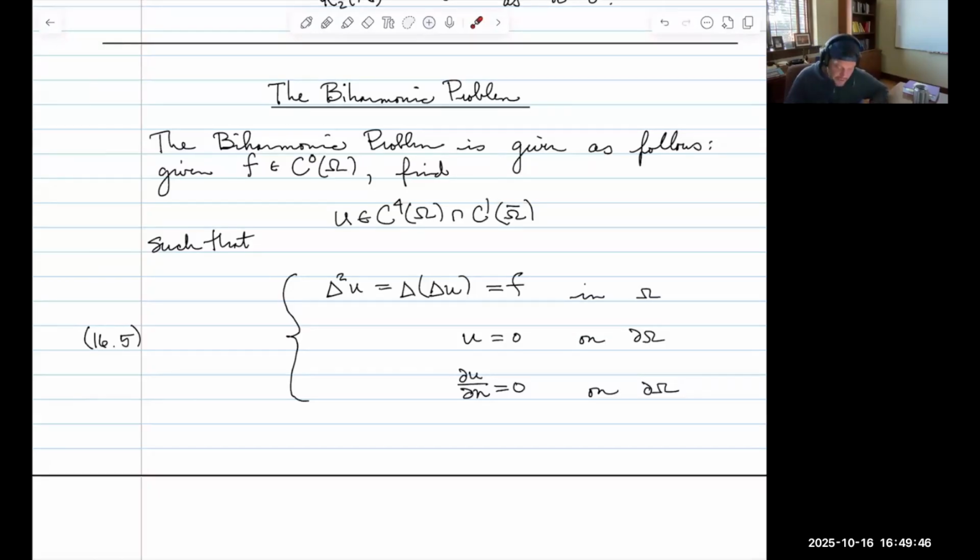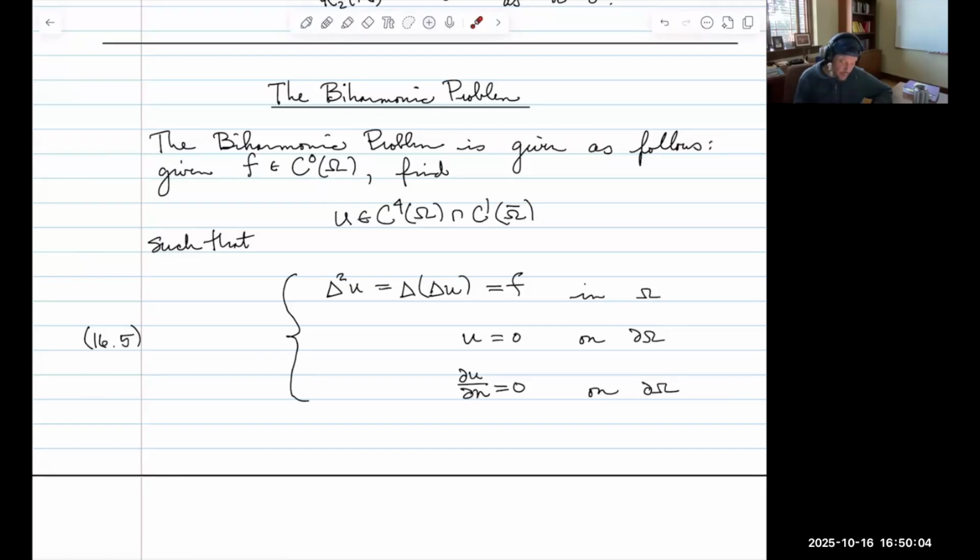So here's our first challenging problem, which is not a second order problem. It's called the biharmonic problem, and it's given as follows. We suppose that f is some continuous function over the set omega.